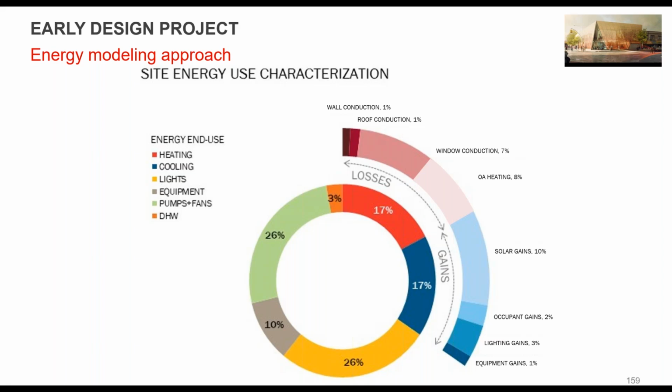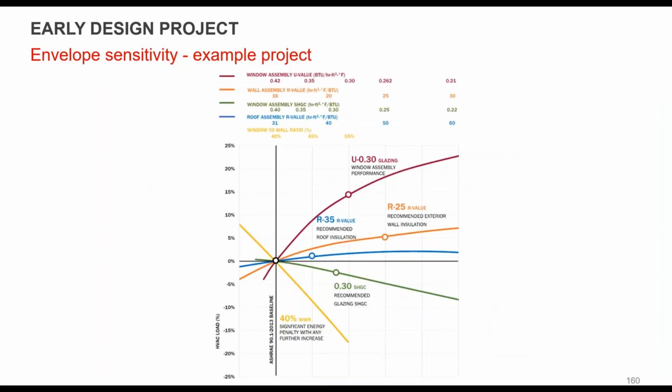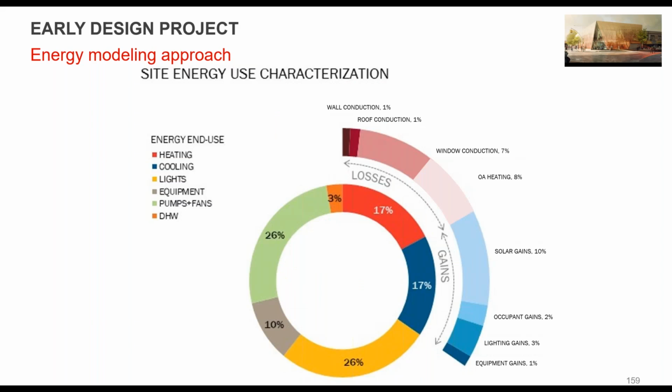So maybe we could look at reducing window area. Are there other ways of looking at it? Look at what the impacts from both sides are before we start looking at just the energy use. I should say back on this one, you could also look at higher performing envelope and other options, and shading to deal with the solar gains as well.